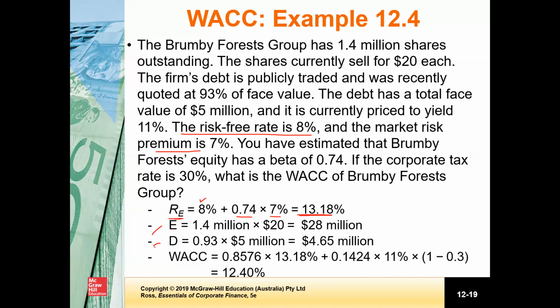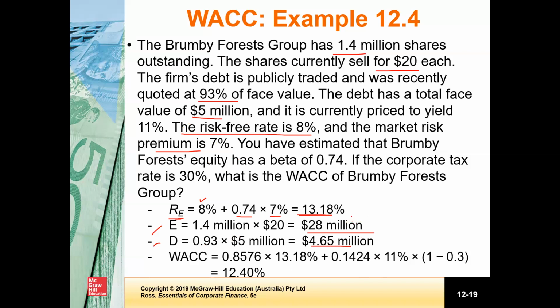Since there are two components, we also need to calculate their weights. You know that the current price of the share is 20, and there are 1.4 million shares. So this is the total market value of equity. The debt has a total face value of 5 million, but it is currently selling at 93%. So that's the total value of the debt.